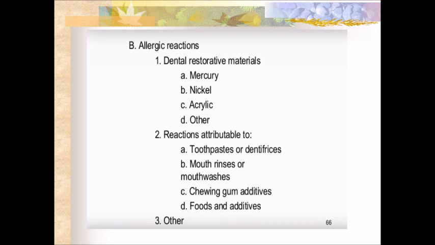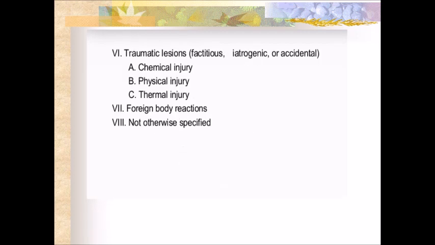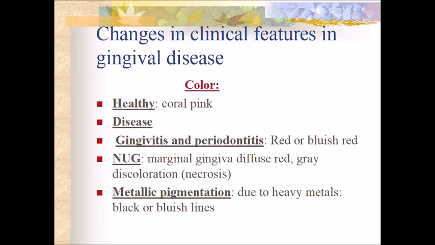In allergic reactions, dental restorative materials like mercury, nickel, acrylic, and others. Reactions attributable to toothpaste or dentifrices, mouth rinses or mouthwashes, chewing gum, additives, food and additives, and others. Traumatic lesions are further subdivided into chemical injury, physical injury, thermal injury, and then foreign body reaction and other conditions that are not otherwise specified.